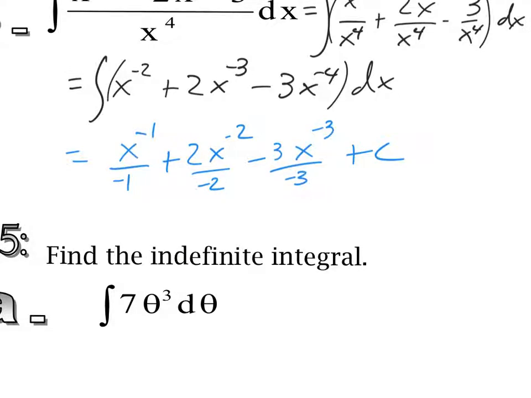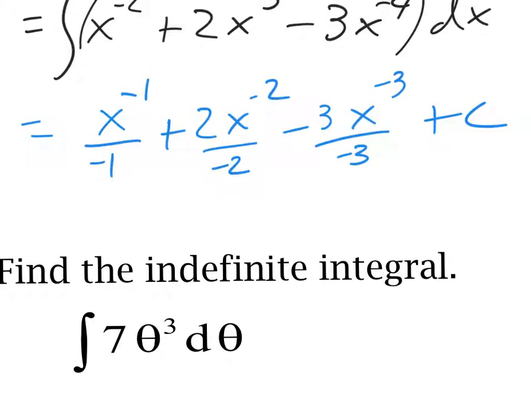Now we're going to want to clean this up, because look at this, it's just kind of nasty. So let's think about it: the negative 1 means it's on the bottom, and this negative 1 is just kind of like a coefficient, so we could really just write this as negative 1 over x plus, here we could definitely cancel out those 2's, and again we would have a negative 1 over x squared.